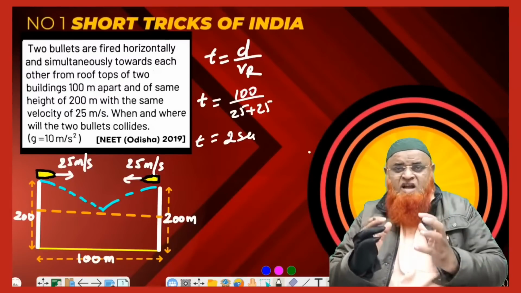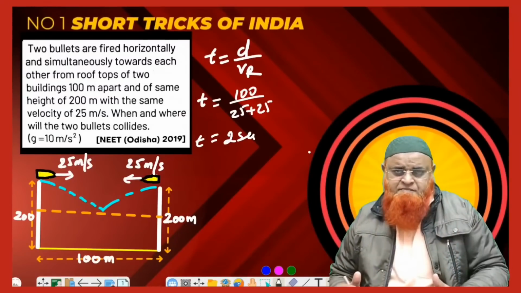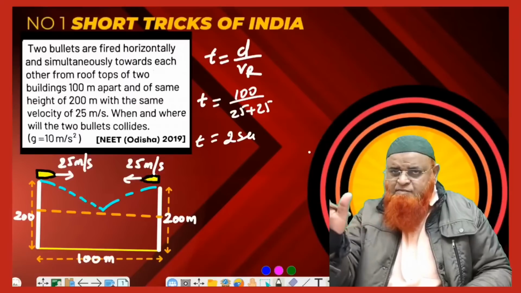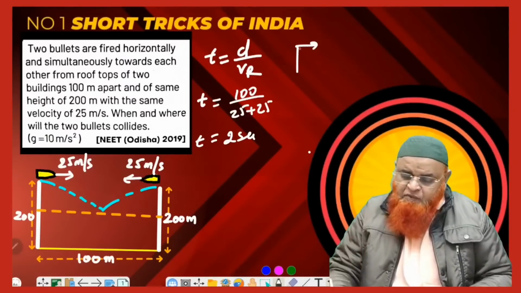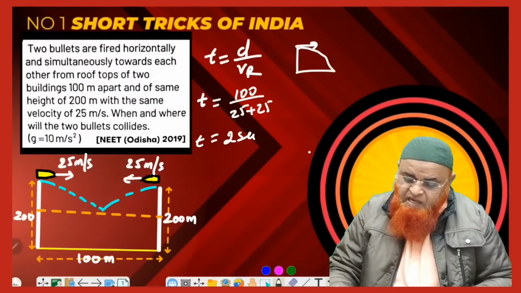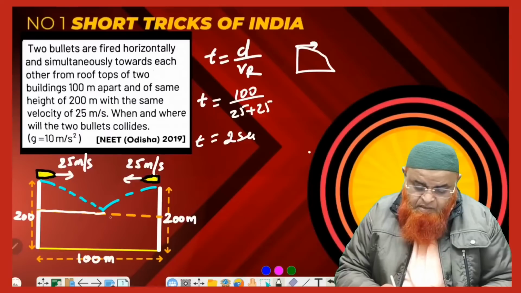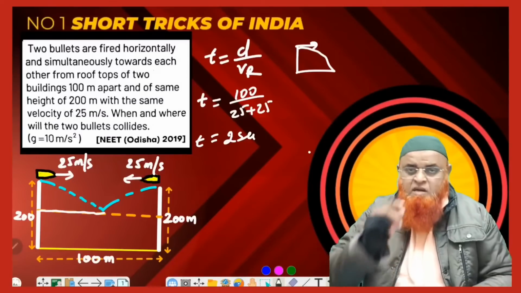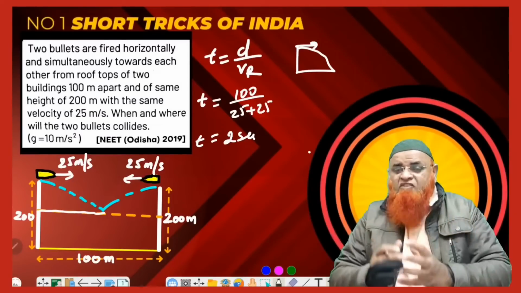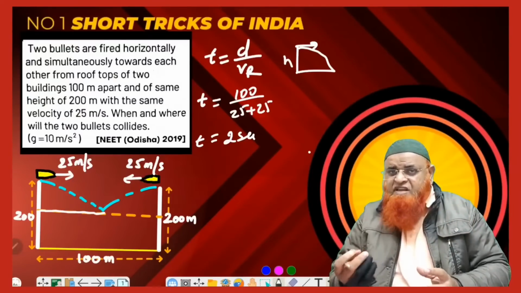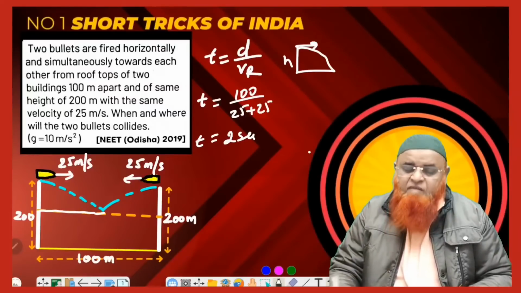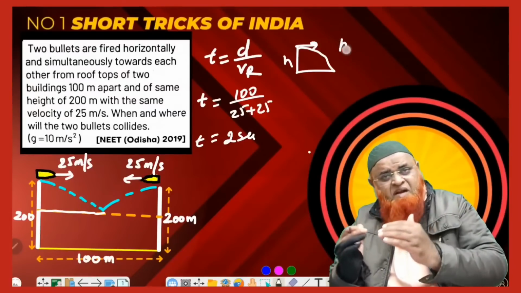Then from how much height from the bottom have they met? For that you have to use the concept of horizontal projection. Whenever any body is projected horizontally, it comes down. Here also, the body has come down a little bit because gravity is there. What is the height from which they were projected and met each other?